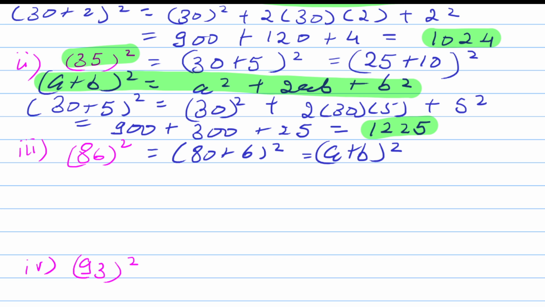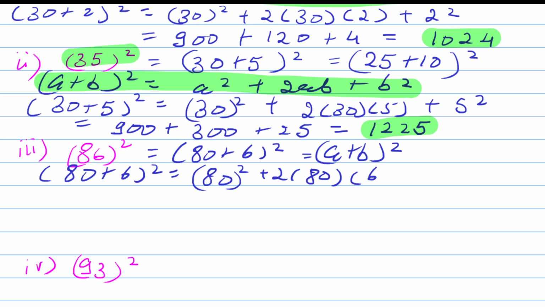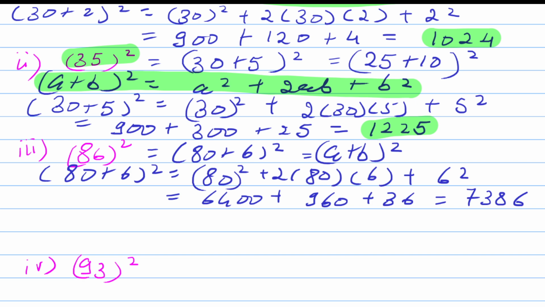According to that formula, 80 plus 6 whole square is equal to 80 square plus 2 multiplied by 80 multiplied by 6 plus 6 square, which will give us 6400 plus 960 plus 36, which is 7396. 86 square is equal to 7396. Next question, same formula.